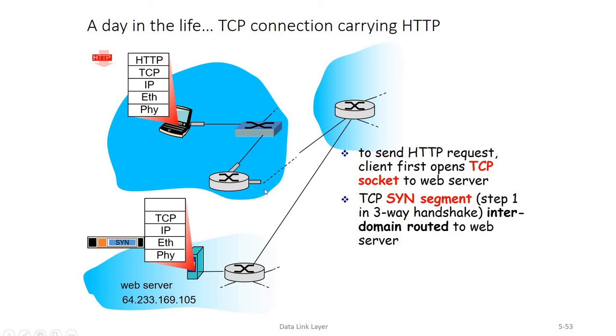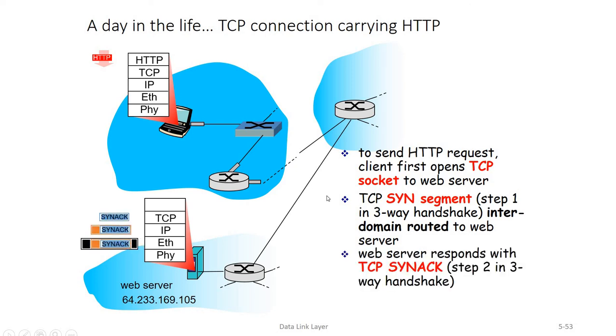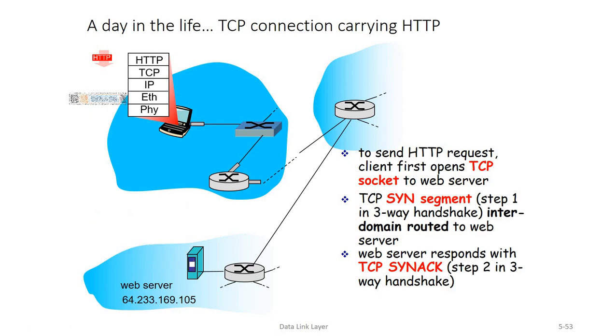Then we start sending our data. Once we start the connection, they start sending our data through the route that we decided just now. The server responds with a synchronization, to establish the handshaking. This is the TCP connection.